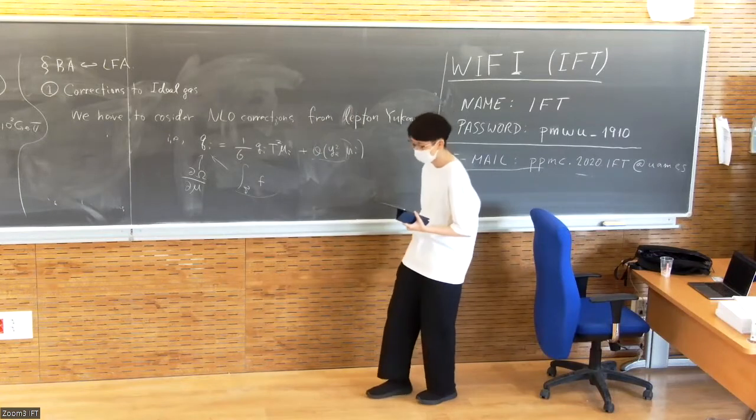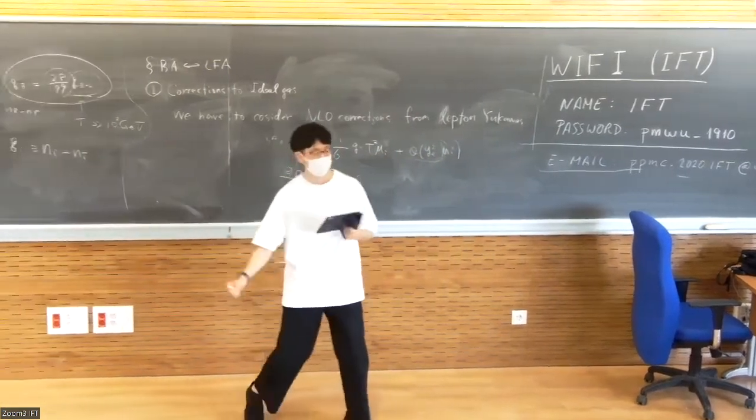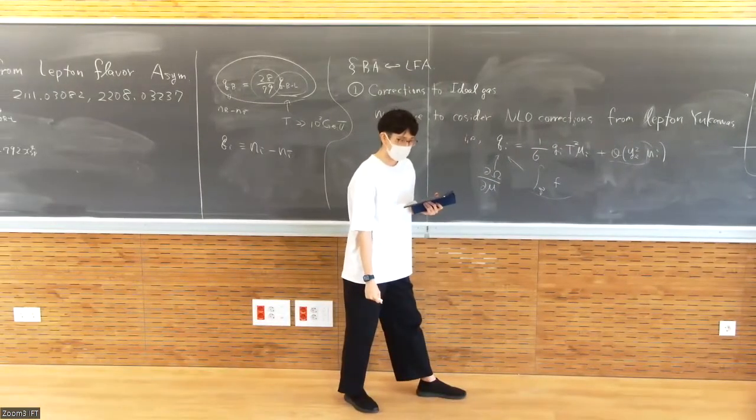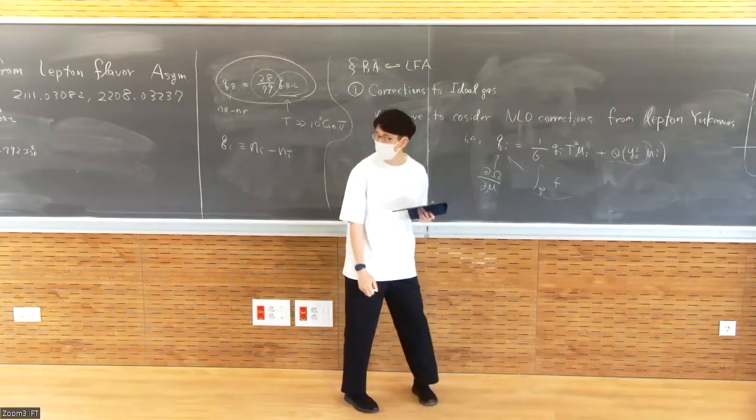Yeah. Sorry, can I ask you something more? So the idea is that you have the sphalerons relating B minus L to B, and now B minus L will depend on the flavor through this small effect. Yeah. Then I will write down the equation.